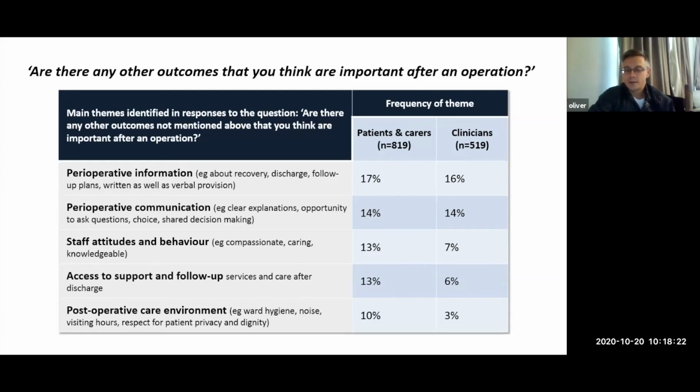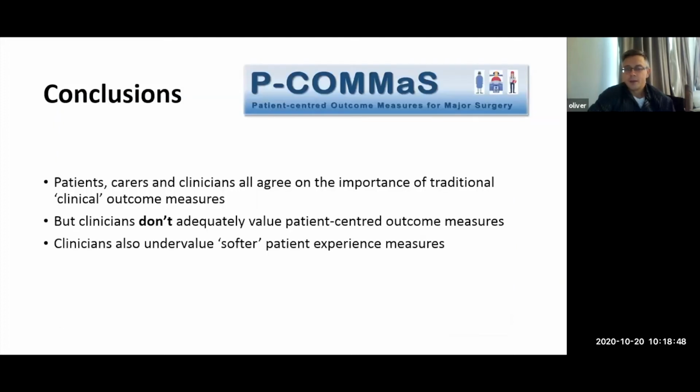But if you look at things like staff attitudes and behaviour and access to support and follow-up and the standard of the post-operative care environment, those are things that matter much more to patients and carers than they do to clinicians. So again, these are discrepancies in patient experience measures, if you like, that we didn't really know about before, but which these free text comments flagged up.